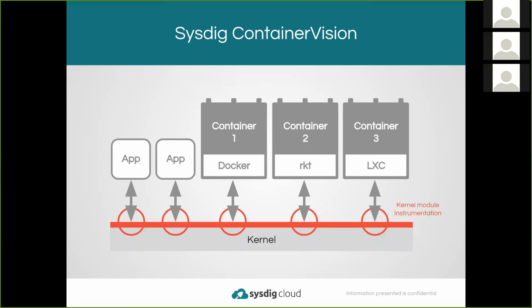What we do is we load a kernel module, and this kernel module is able to capture all the operating system calls happening, either if your application or processes are running inside containers, either Docker, Rocket, or Canonical container technology, or if it's just an application running on that host, on the server.